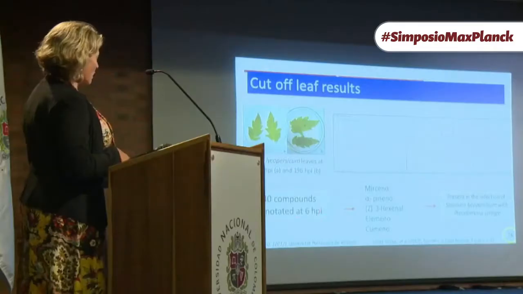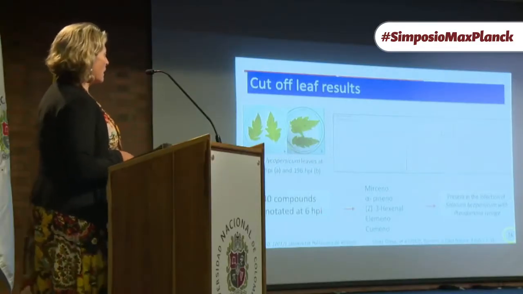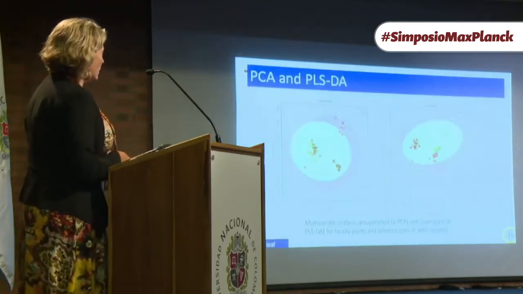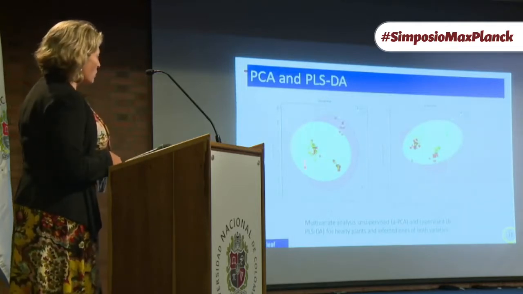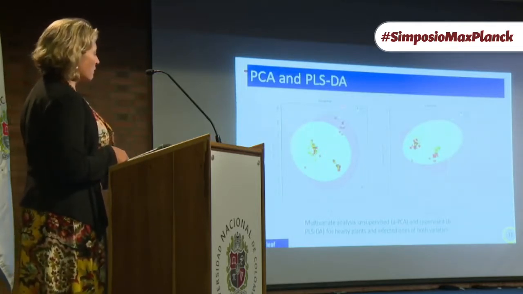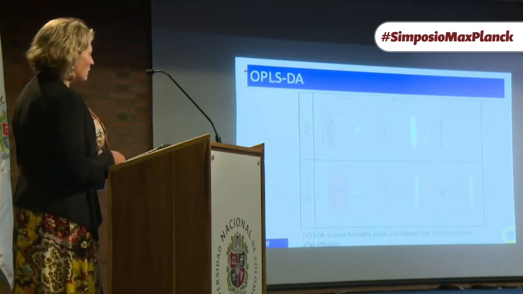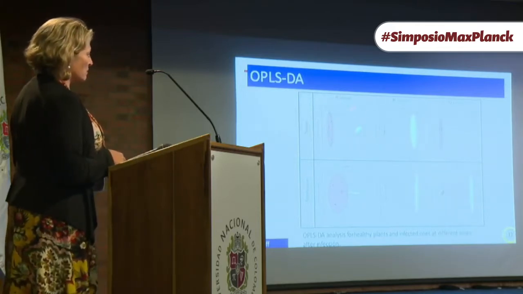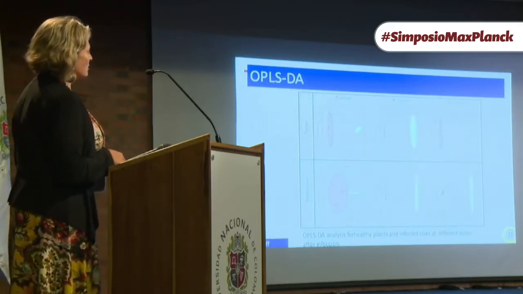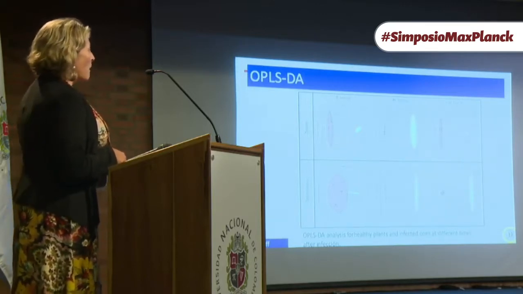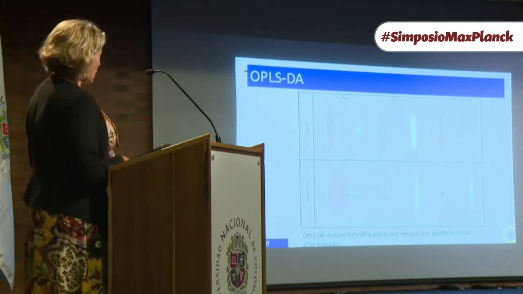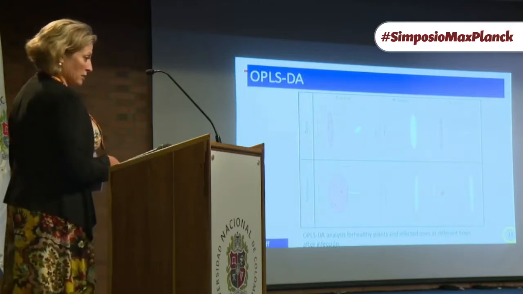We did see some compounds, but the final result was that it was not possible to differentiate between healthy and infected plants, whereas the differentiation was mainly between resistant and susceptible plants. The two different varieties had very different volatile compounds, but we were not able to differentiate between healthy plants and infected plants.